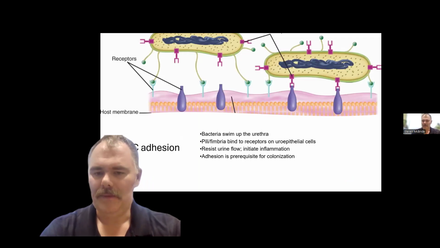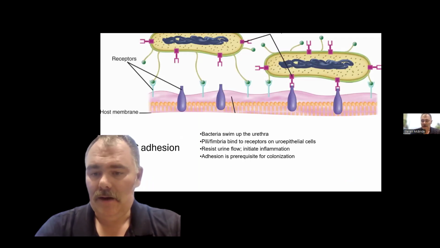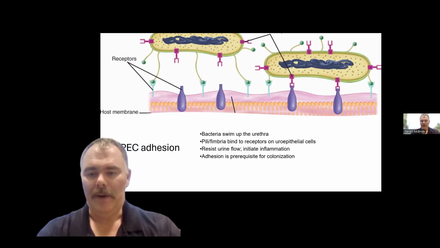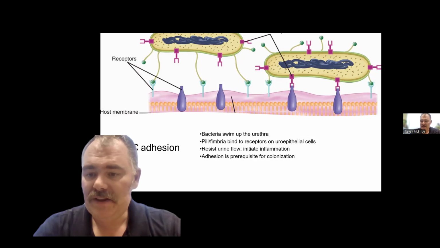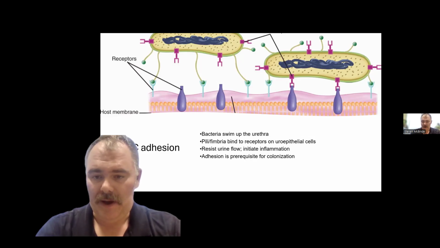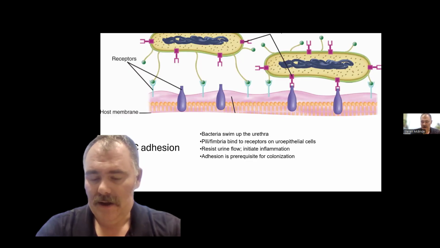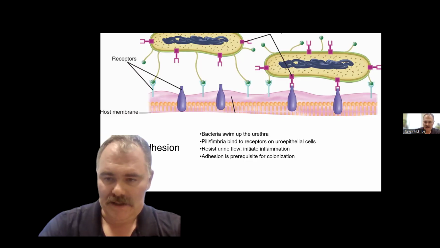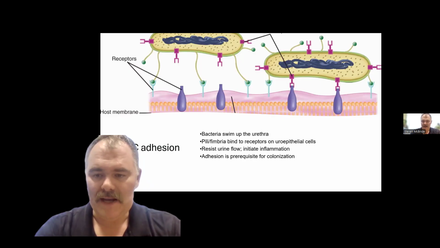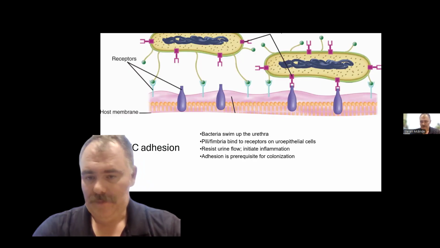So let's begin with UPEC, uropathogenic E. coli. After reaching the urinary tract, which we talked about in the fecal to urinary tract mechanism, these bacteria face a major obstacle, and that's urine flow.